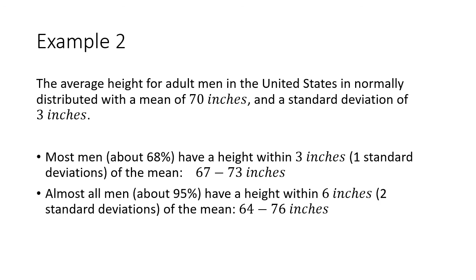Almost all men, so now we're at the 95%, are going to have a height within 6 inches, and that's 2 standard deviations. If one standard deviation is 3 inches, 2 standard deviations would be 6 inches. That would be about 95% of men, within the range from 64 to 76. Now again, mathematically, that would mean that any man shorter than 64 inches or taller than 76 inches would be mathematically unusual.